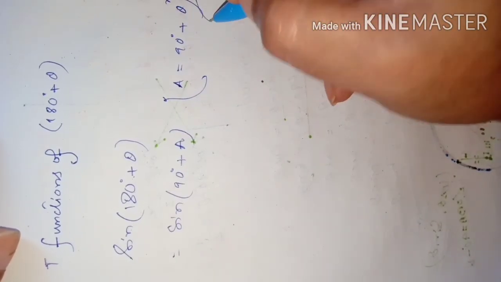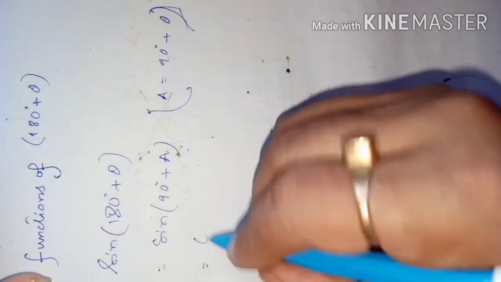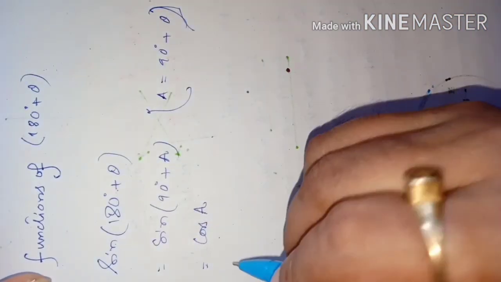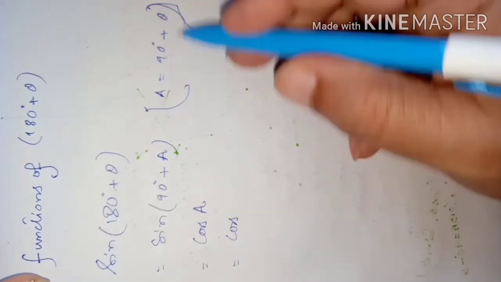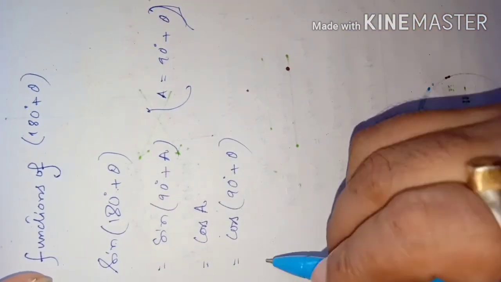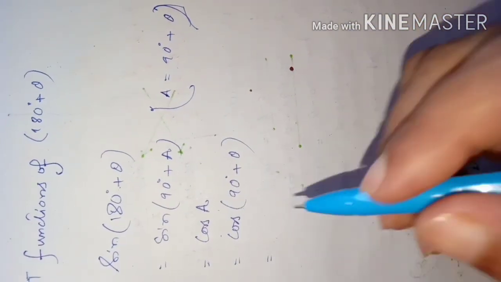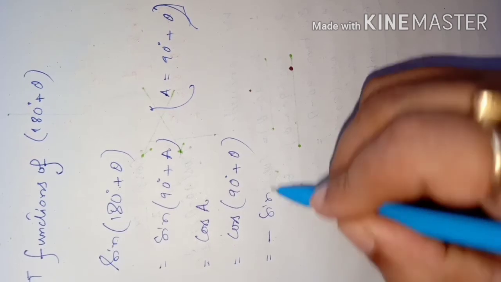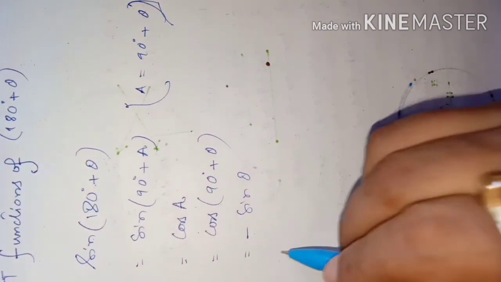Now what am I getting? Sine of 90 plus a is cos a. Now a stands for 90 plus theta, and cos of 90 plus theta is minus sin theta. So what you got?